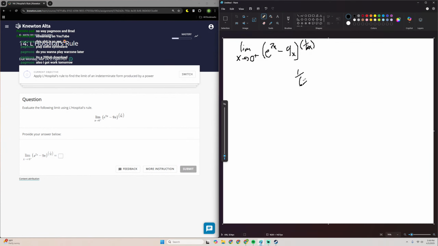1 over 6x times the natural log of e^(7x) minus 9x. The natural log of this just becomes, well, actually these cancel out, so natural log and e, this becomes negative 7, or actually just 7x, minus natural log of 9x, multiplied this entire thing though by 1 over 6x.